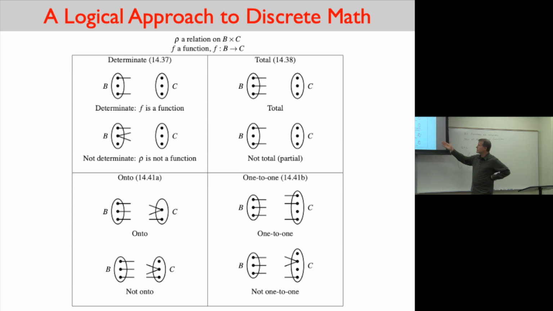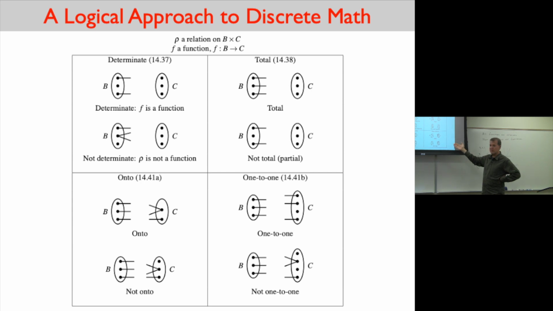So the first definition is what it means to be determinate. The second definition is what it means to be total. The third definition is what it means to be one-to-one. And the fourth definition is what it means to be onto. Are you with me? Now before we look at the mathematical expression that defines these, let's just look visually at what it means to be determinate.